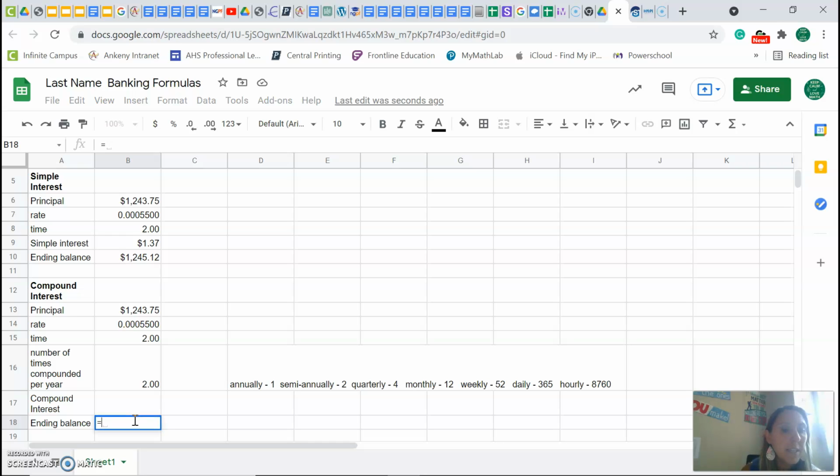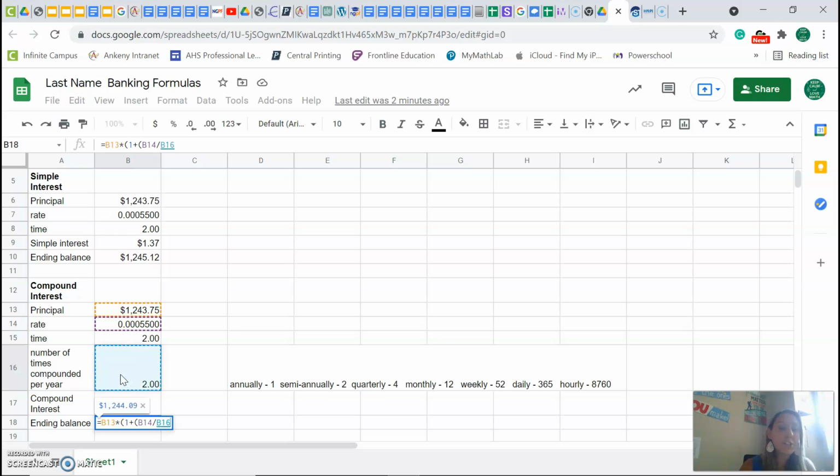So we're in B18. And we said it's our principal times, so Shift 8 times, and then I want to use a parenthesis, and we're going to say 1 plus, and then I want to use another parenthesis, so Shift 9, and then I'm going to put my rate, and again my rate was in B14, and then I want to hit the question mark key, which is going to say divided by, and we're going to say the number of times compounded, which was B16, so I want to click on that one.